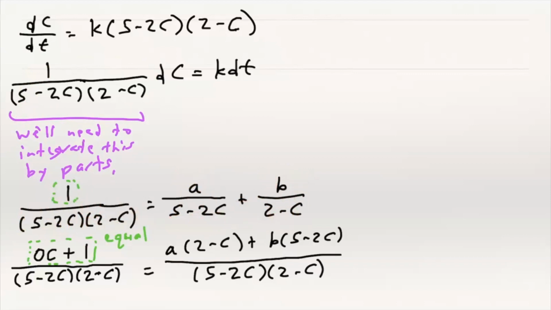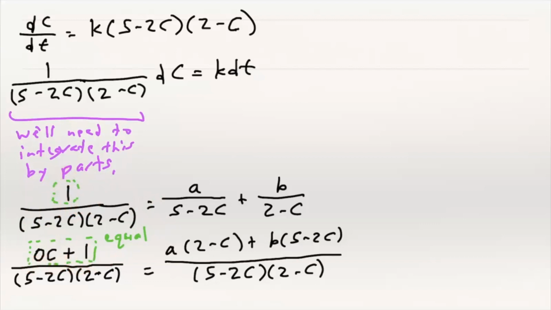And then what we do is add these 2 fractions together by finding the common denominator: multiply the second fraction by (5 minus 2c) over itself, multiply the first fraction by (2 minus c) over itself, and then add together. And we end up having this.